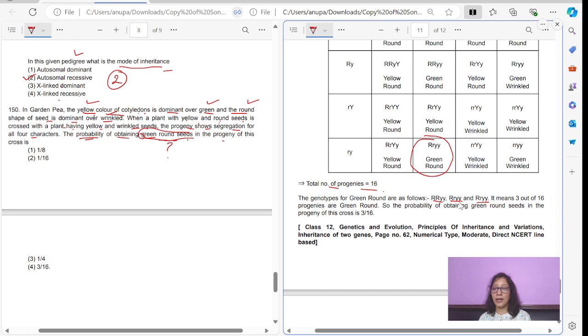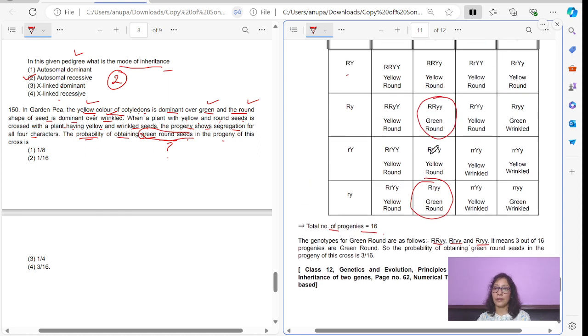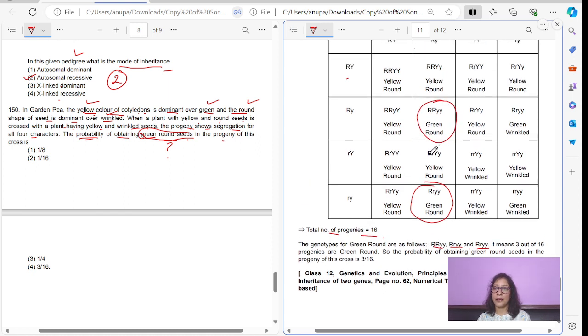Another is RRyy. Here is the second green round. And the next is RRyy. This is also green round.